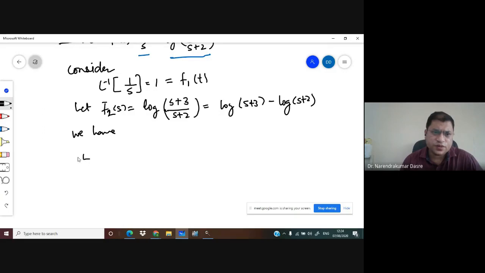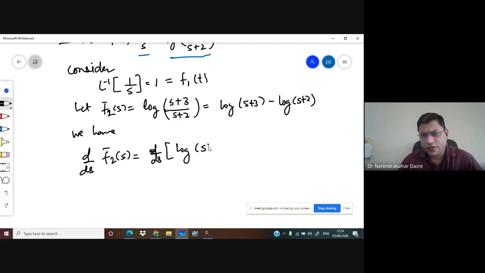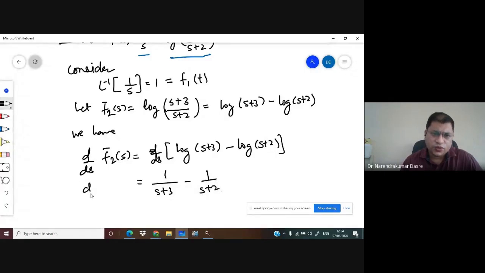So d by ds of f2 bar of s, that is d by ds of log of (s plus 3) minus log of (s plus 2), is equal to 1 upon (s plus 3) minus 1 upon (s plus 2).